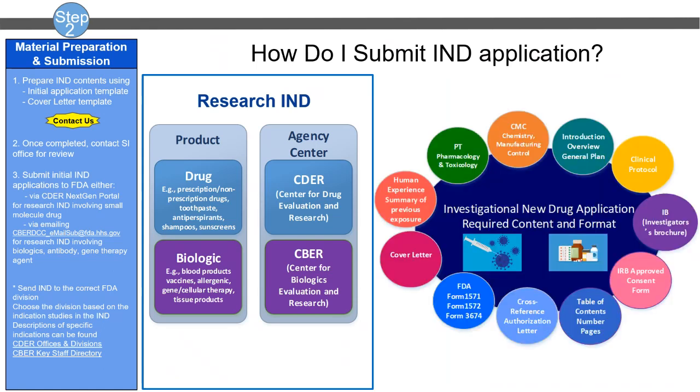Once the study team puts together the IND application package using the templates provided by us, or that is available on our RSO's website, and also by having all the required documents from external sources, such as cross-reference letter, package insert, etc. ready, you may contact our RSO team for review. Then, when review is complete, the next step is to submit the application package to the FDA. I'll first go through the CDER submission process and then explain the CBER submission portion.